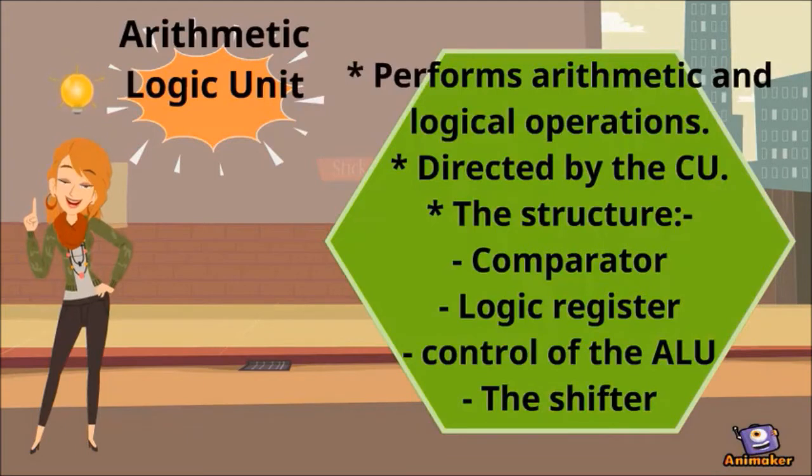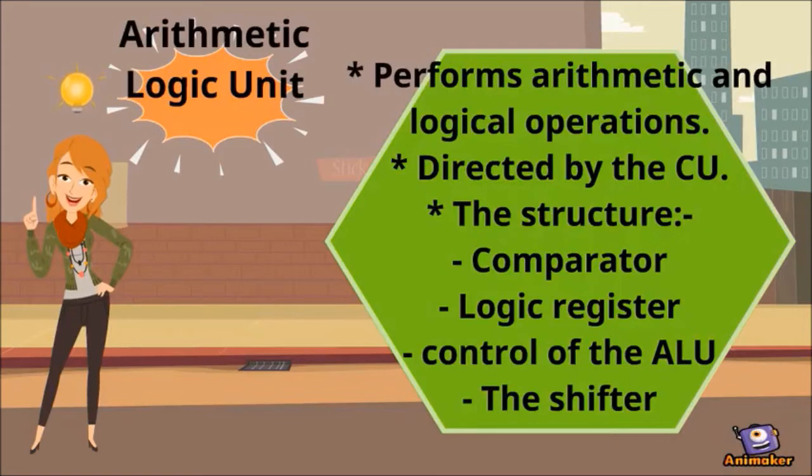The logic register performs logic operations such as AND, OR, XOR, and many more. The operation of the ALU must be controlled. This is accomplished through control leads that provide the input path of control signals and facilitate the sequence and operation of each individual block of circuits.